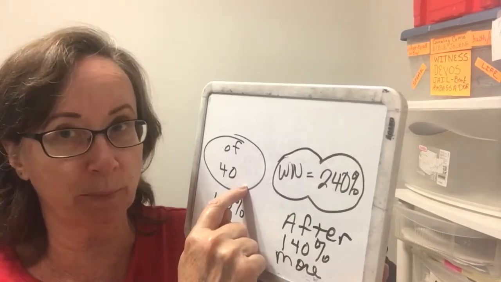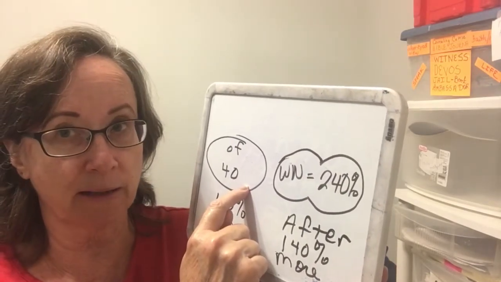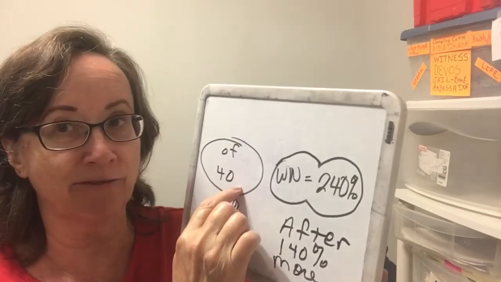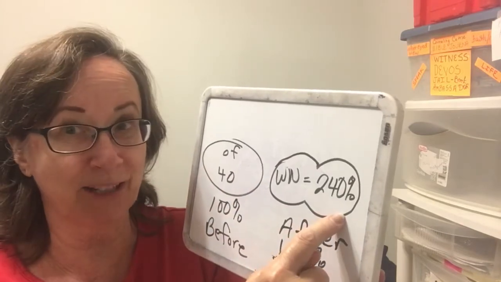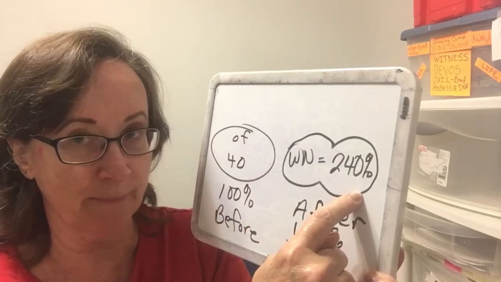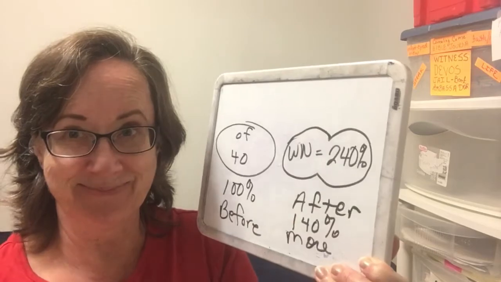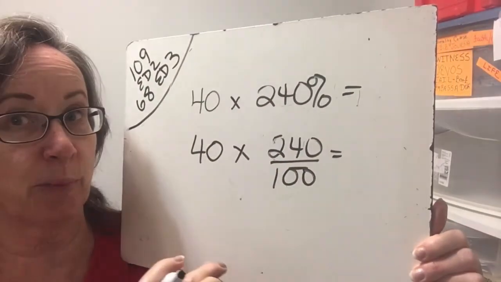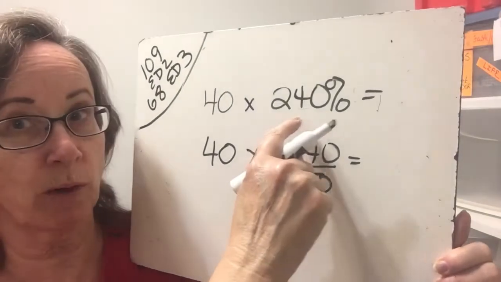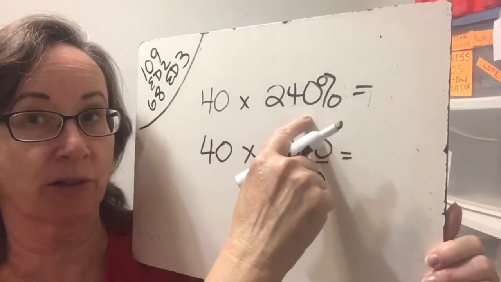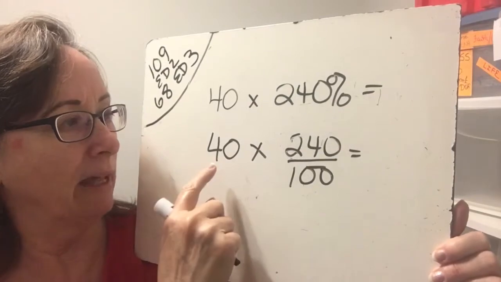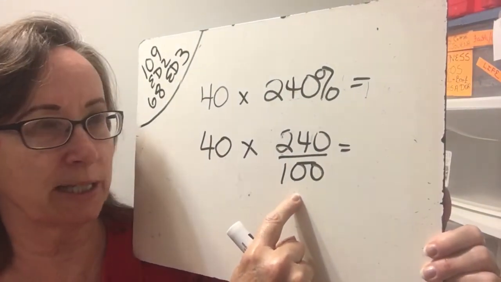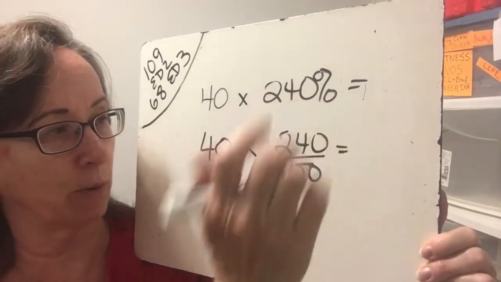So we take 40 and multiply it by 240%. That's 40 times 240 over 100, which is the same thing as 240%.